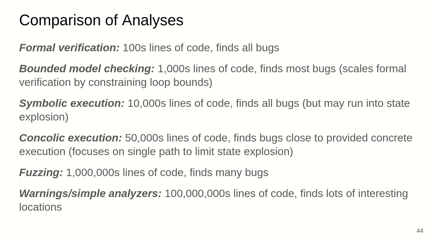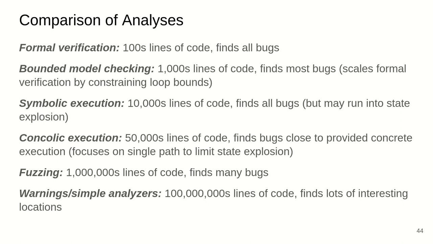Bounded model checking is a somewhat relaxed form of formal verification, which scales much further to, let's say, thousands of lines of code, and will find most bugs. It scales formal verification by constraining the loop bounds that are being analyzed and adding these checks. Symbolic execution may scale to 10,000 lines of code and find all bugs if it runs to completion.